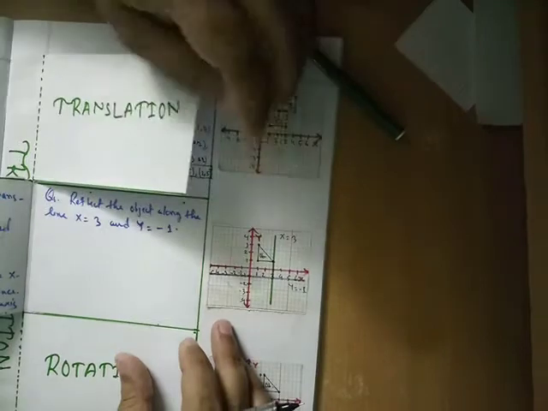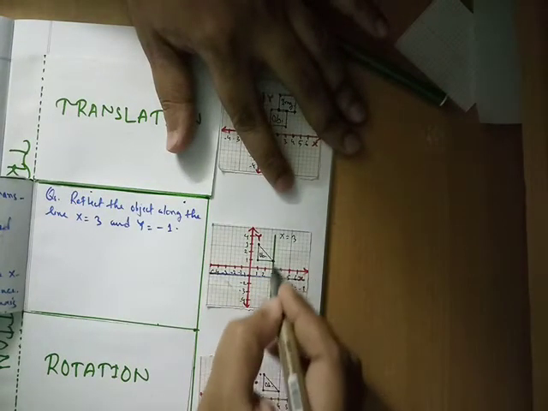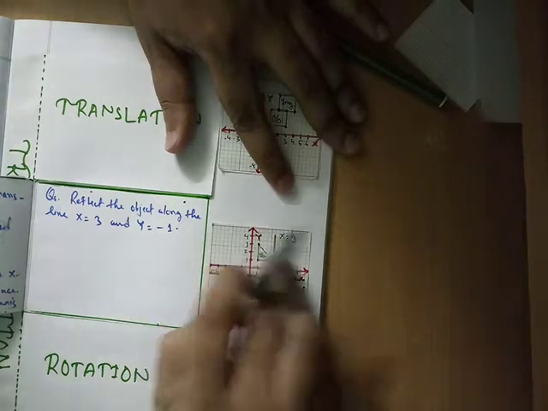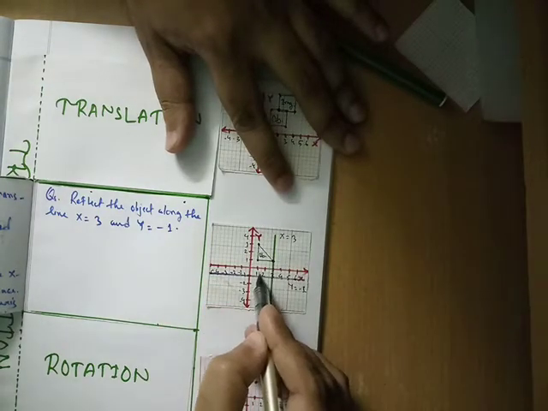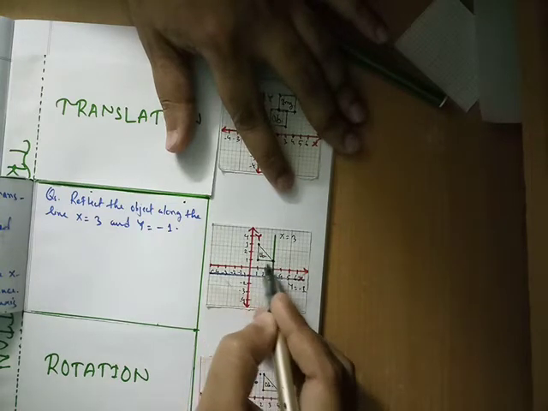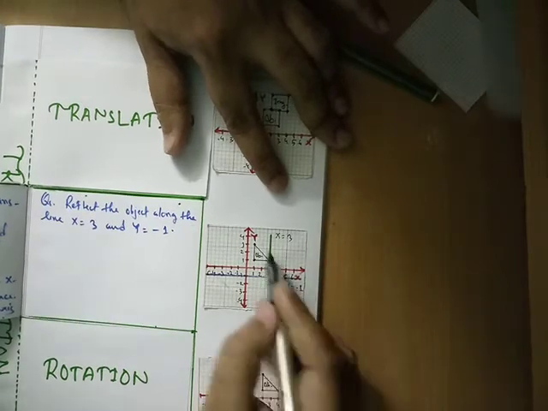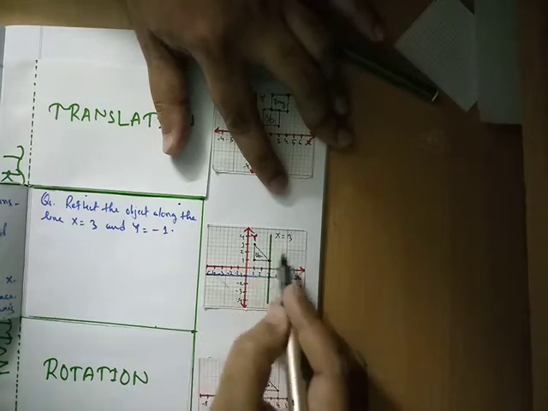Now let us reflect the shape. When we are reflecting a shape across a vertical line, we actually calculate the distance of the x-axis. I have 3 points here, I have 3 coordinates here, as it is a triangle, so I'll calculate the horizontal distance.